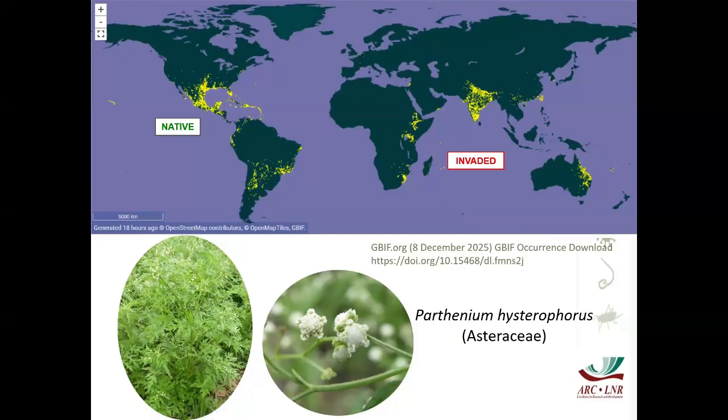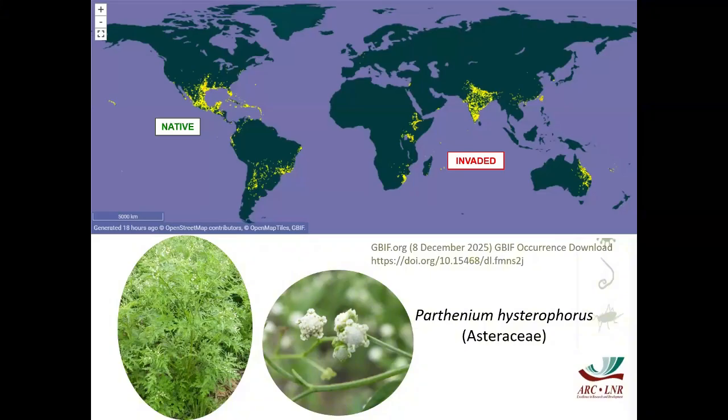So one of the case studies that I'm going to use is Parthenium hysterophorus. I will allude to other species as well, but as Julie Kutsia referred to yesterday, when species are introduced from their native range into their invaded range, they are freed up from their natural enemies.